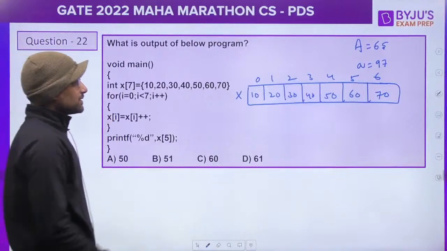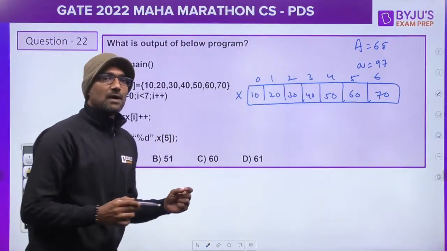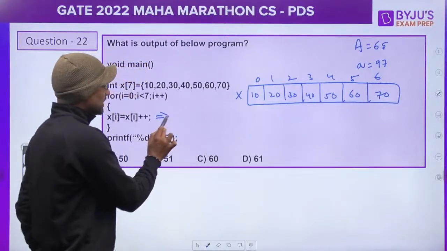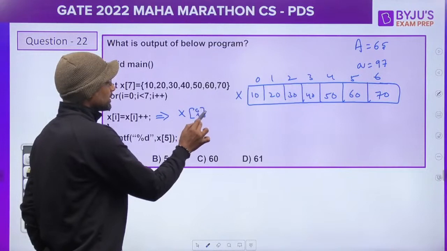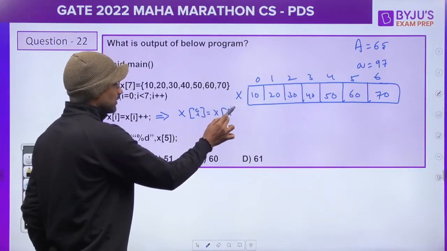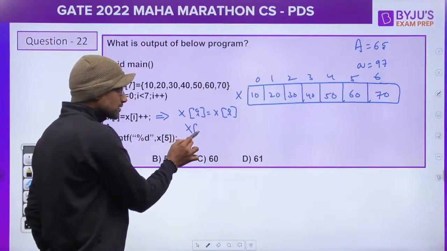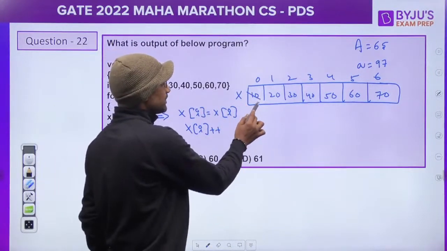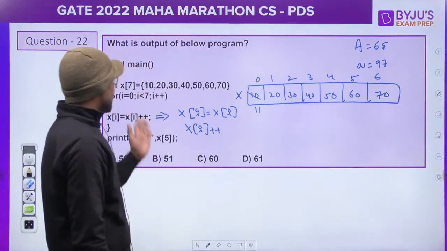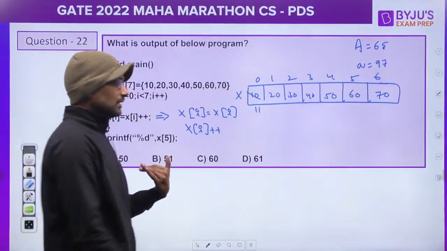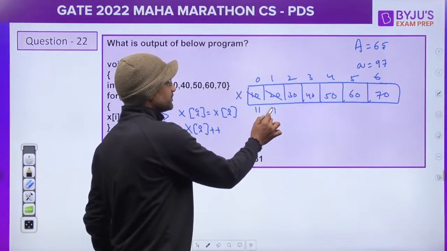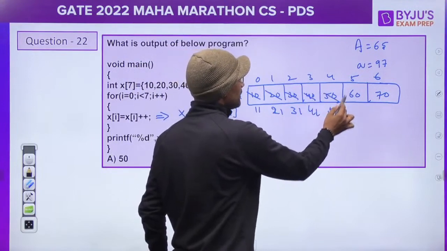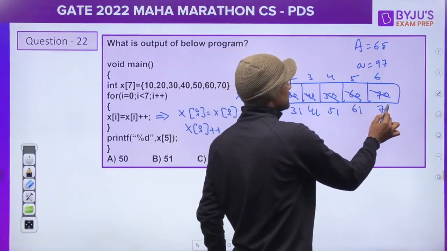Now x[i] is equal to x[i]++, means this is equivalent to x[i] is equal to x[i], then x[i] is incremented. That means 10 becomes 11. x[1] is equal to x[1], then it gets incremented. 21, 31, 41, 51, 61, 71.